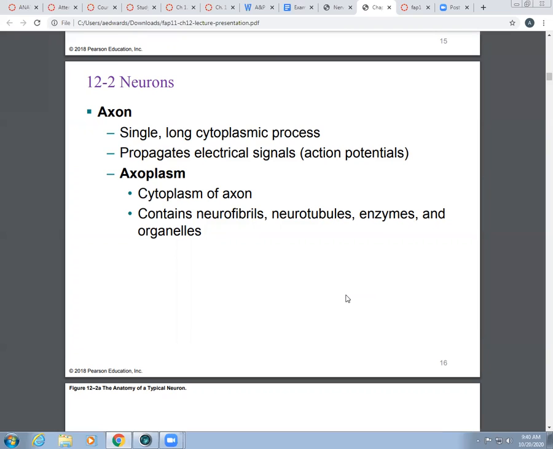So we talked briefly about action potentials and we talked about stimulating muscle tissue. Now we're going to take a step back and see how that action potential works in neural tissue. In the axon, we call the cytoplasm axoplasm. And in that axoplasm, you'll find organelles, enzymes, neurotubules and neurofibrils.